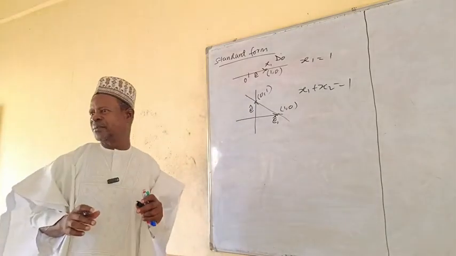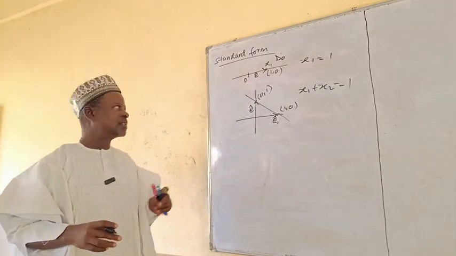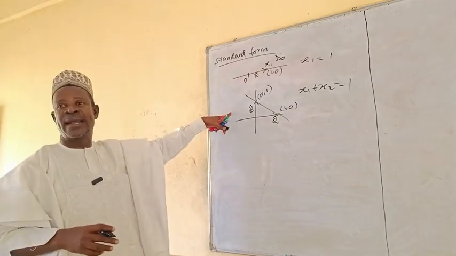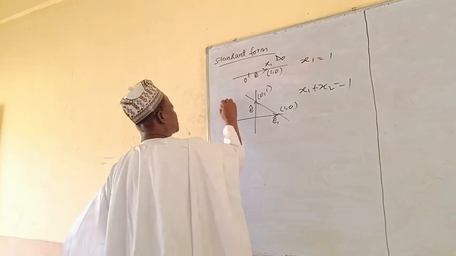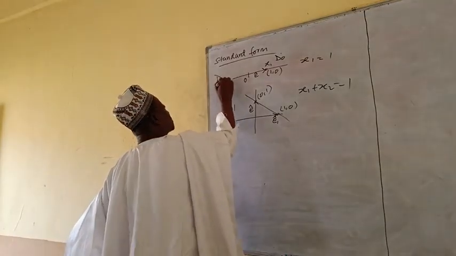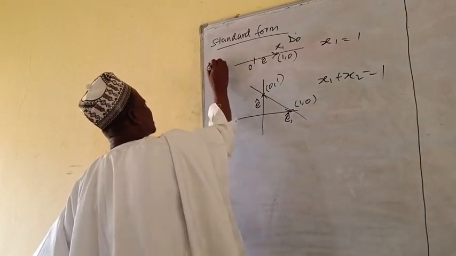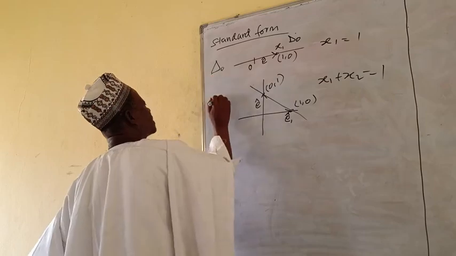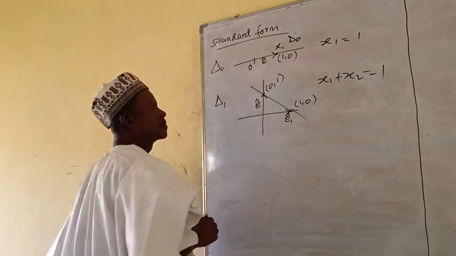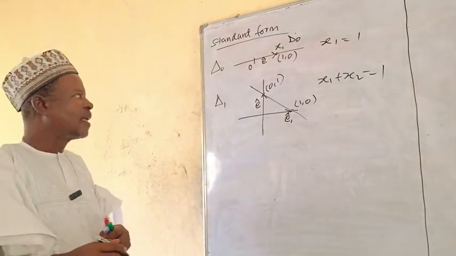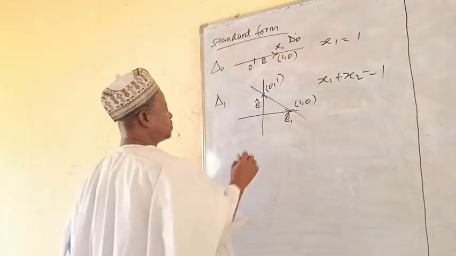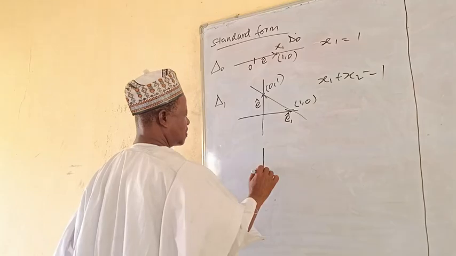That's the standard form of representing simplices. This is delta 1, the past simplex. This is delta naught. Normally it's not D, it's delta. Very clear?